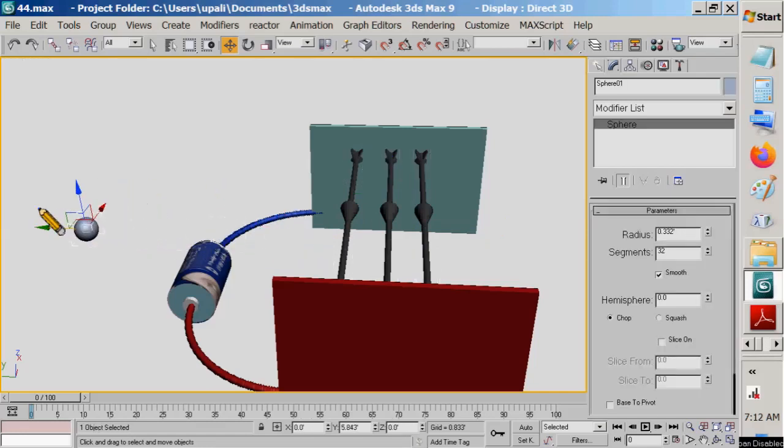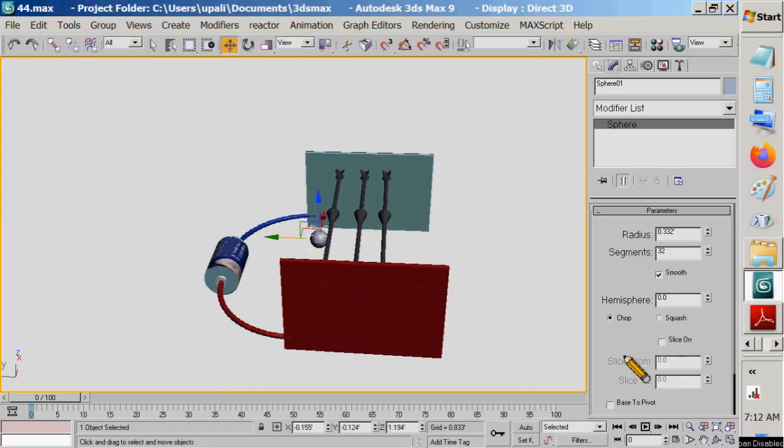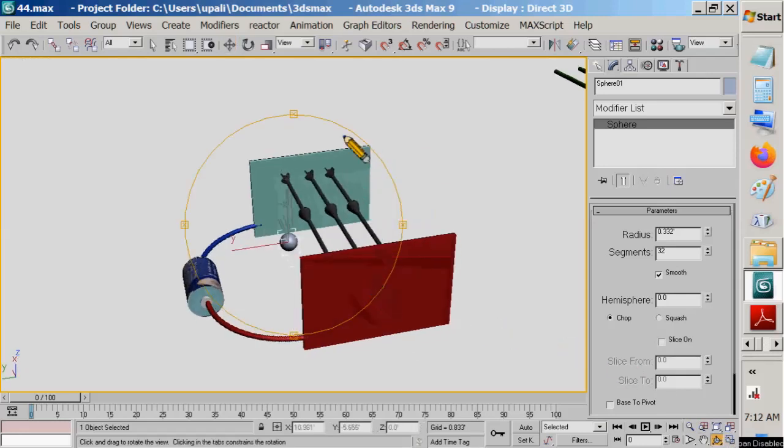So therefore, when this electron enters this region, it must bend or deflect. It must move like this. From here it comes and it must fall into this plate. But in the question they say no such motion happens.